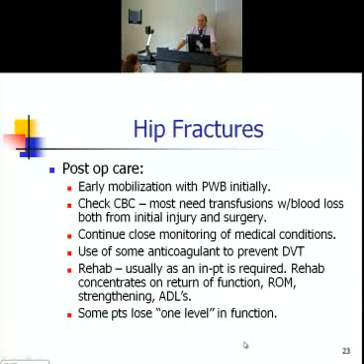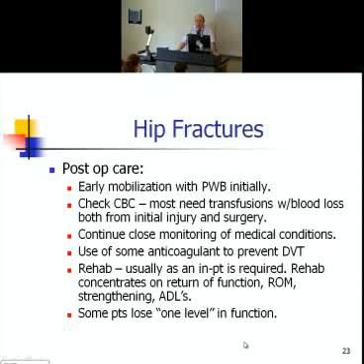You're always taking a step, and at some point, you're putting your full weight on each leg individually. So if you're trying to partially weight bear, at some point you're going to have to put your full weight on that partial weight-bearing leg.